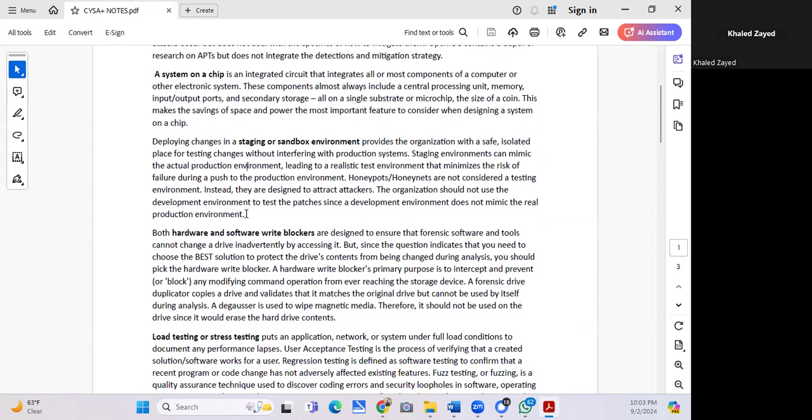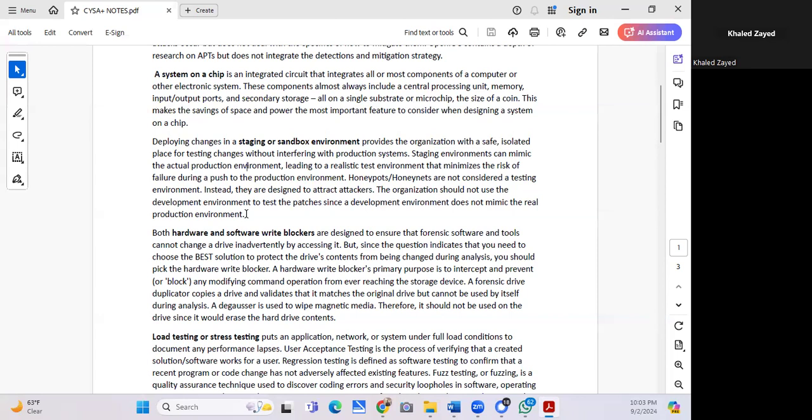The next term that you need to understand that I have in my notes regarding CYSA for your exam is basically the staging or sandbox environment. You need to understand that. I think you will most likely get a question about that in the exam. So you need to understand what a staging or sandbox environment is.